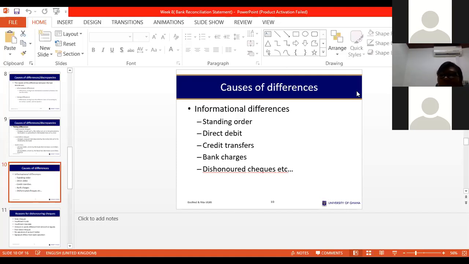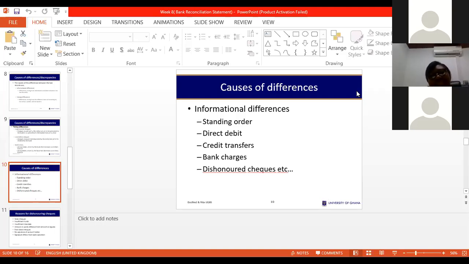So credit transfers: sometimes some of our customers will transfer the money, especially today, in this day and age when everything has gone electronic. You can sit in the comfort of your home, if you have applied for internet banking, and transfer money. Today, people are even using Momo to transfer money from one account to the other.